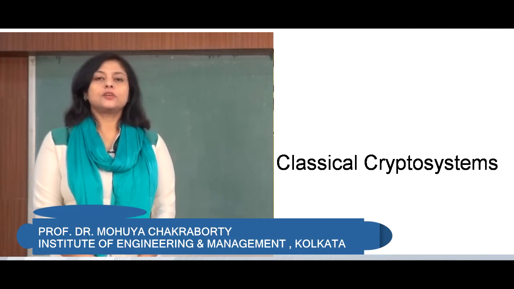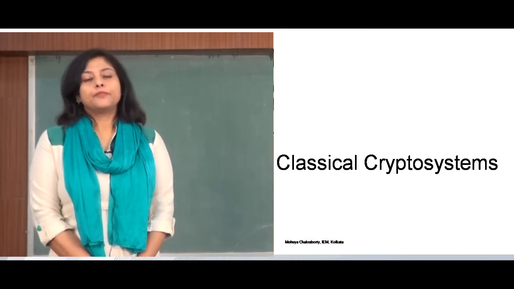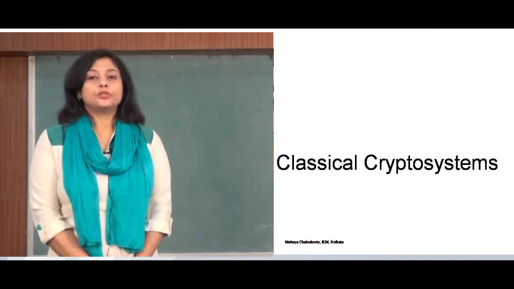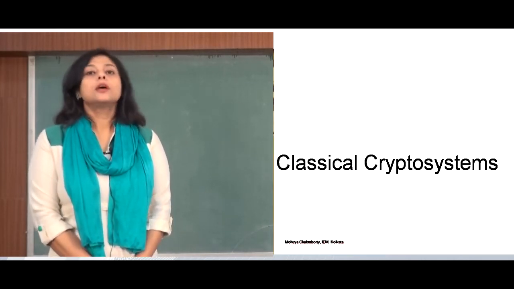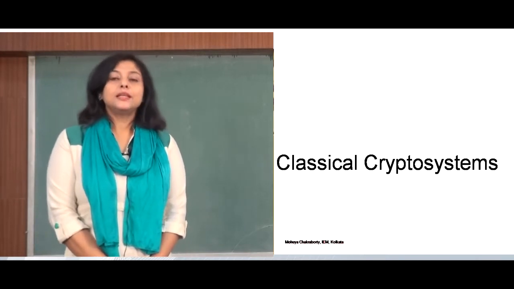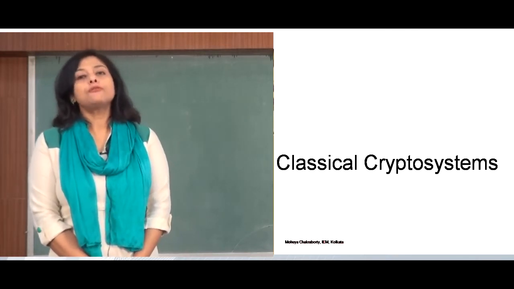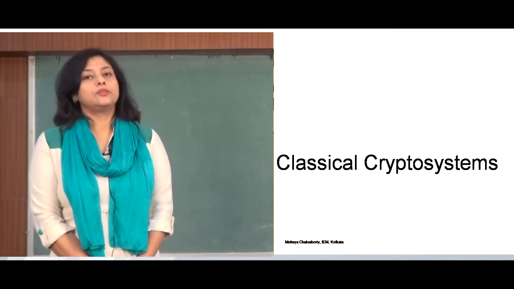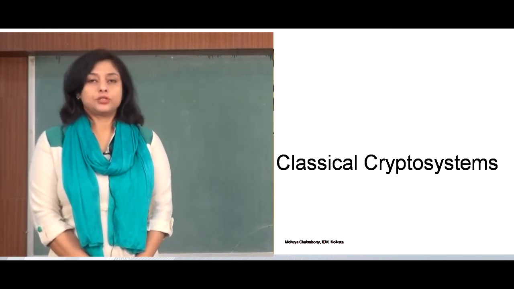In the last lecture we studied the OSI network model, and in this lecture we are going to study the various forms of crypto system. Basically, crypto systems consist of two parts. One is called the classical crypto system and the other one is called the public key crypto system.